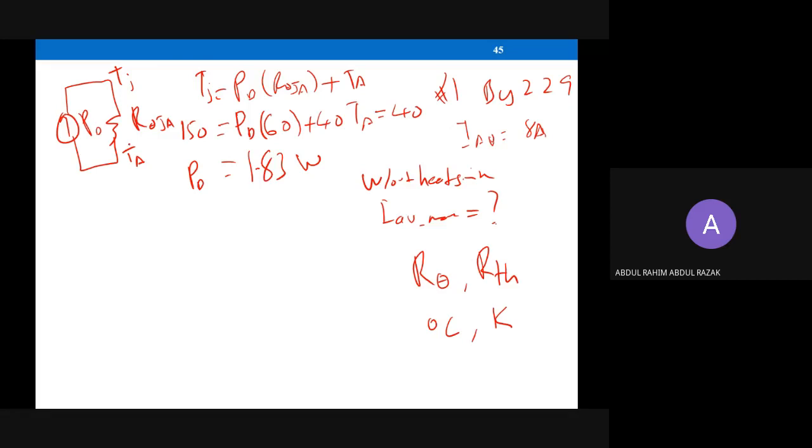Within this dissipated power, it can operate; if more than this, the junction will rise above 150, so you will burn your device. So 1.83 watts, how many ampere actually?